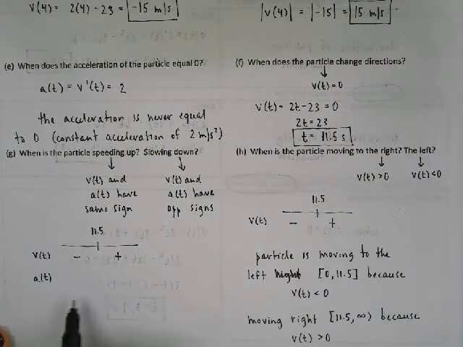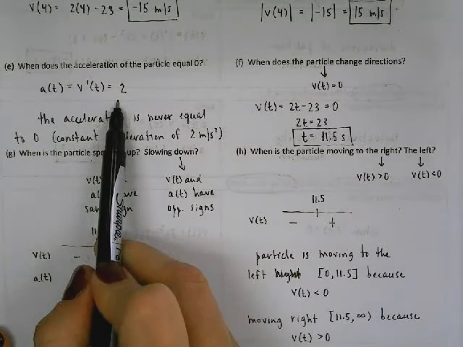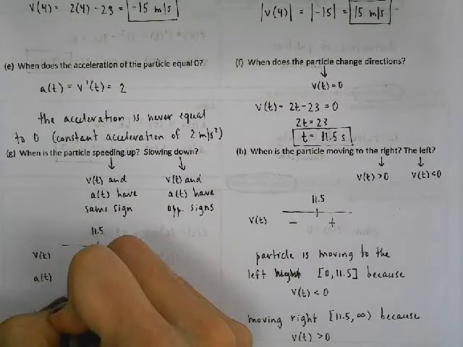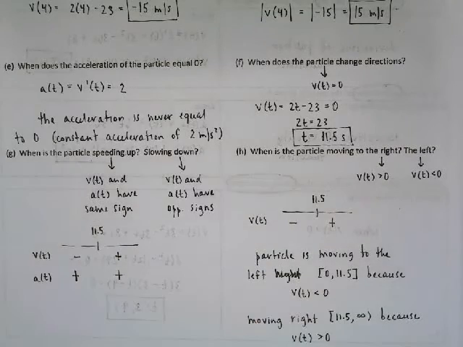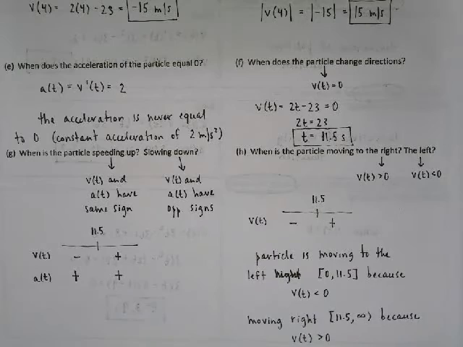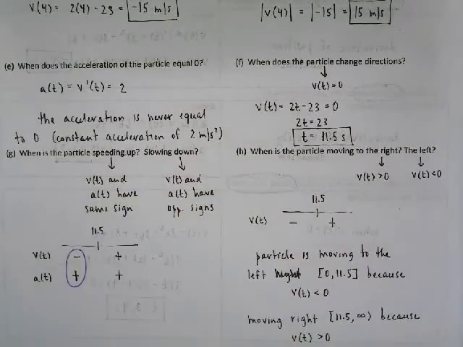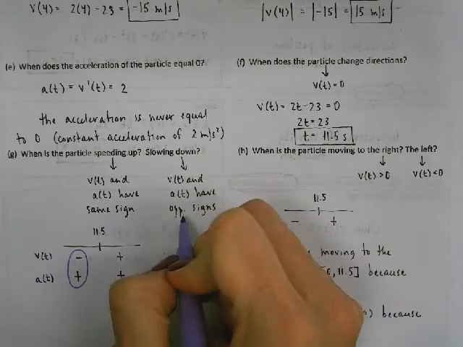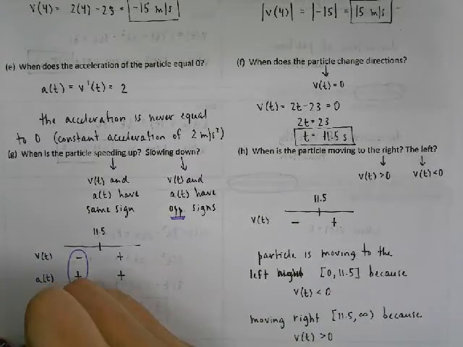Now, we already set up here that we had a constant acceleration of positive 2. So that means over my whole interval, my acceleration is always positive. So now I can see on this interval, velocity and acceleration have opposite signs. So I know I'm slowing down on that interval.